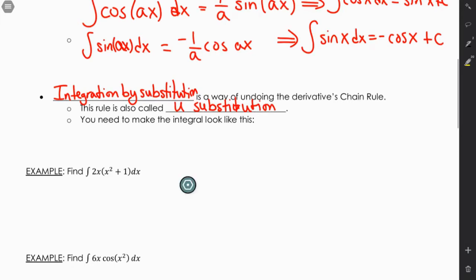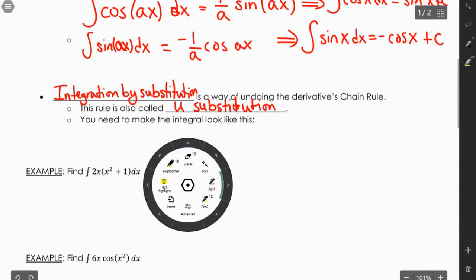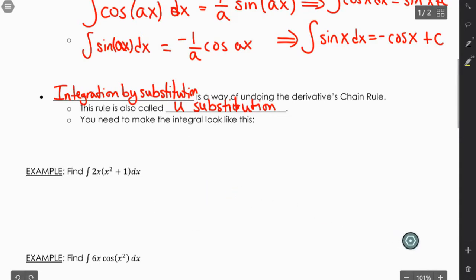You're going to need to make the integral look something like this. Because this is the reverse chain rule, we have the integral of f of g of x, that composed function, times g prime of x.